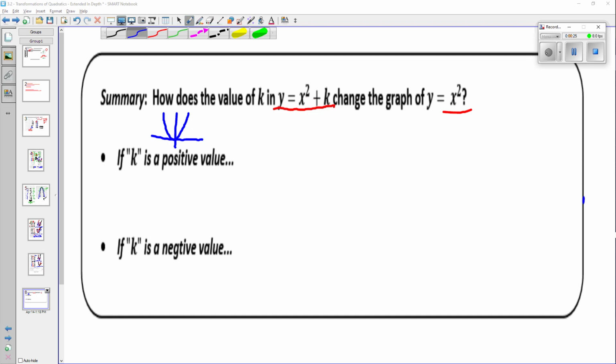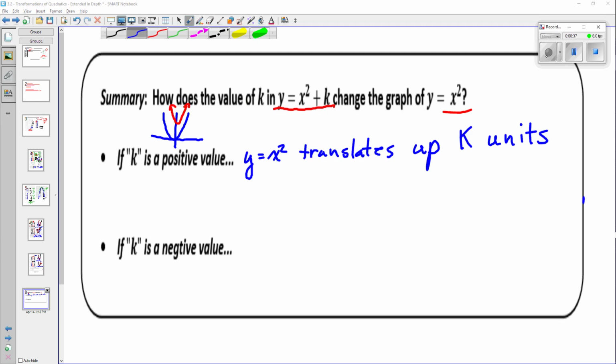If k is positive, we noticed that our graph would be just a carbon copy of our y equals x squared graph, but the graph would move up. So essentially a carbon copy of y equals x squared is made, but it translates up k units.